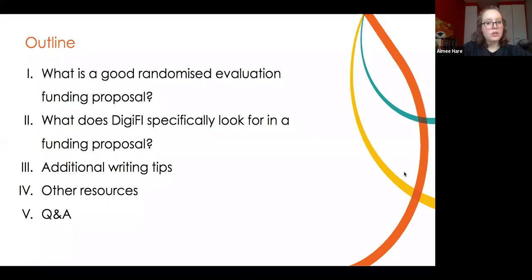And yeah, so you can see here what the outline is. We'll have Gabe taking us through what a good randomized evaluation funding proposal looks like, then looking specifically at what DigiFI looks for in a funding proposal and the elements that one would need to include as part of that application.